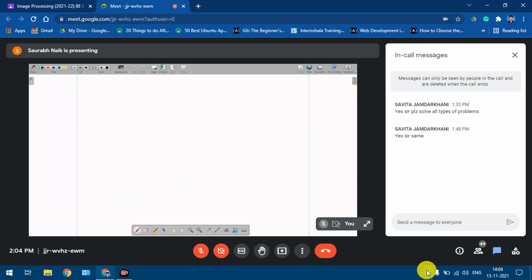Contrast stretching, the output g of x comma y is something in terms of f of x comma y minus b min divided by b max minus b min, and this is added or multiplied with the ratio.